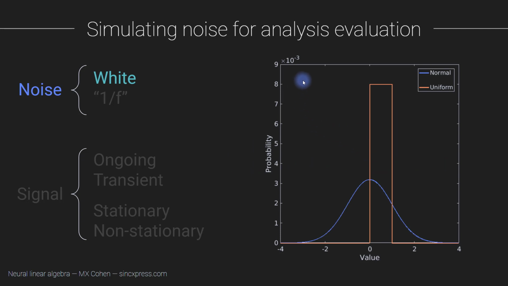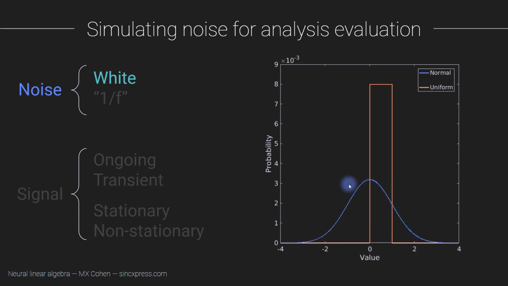So to create white noise, we can draw numbers from two different distributions, a normal distribution and a uniform distribution. A normal distribution, of course, is also a Gaussian distribution or a bell curve distribution. And essentially, this means that we are drawing numbers from a distribution where the probability is highest for numbers that are close to zero, and the probability of drawing a larger number or larger magnitude further away from zero decreases as you get further away from zero, either positive or negative.